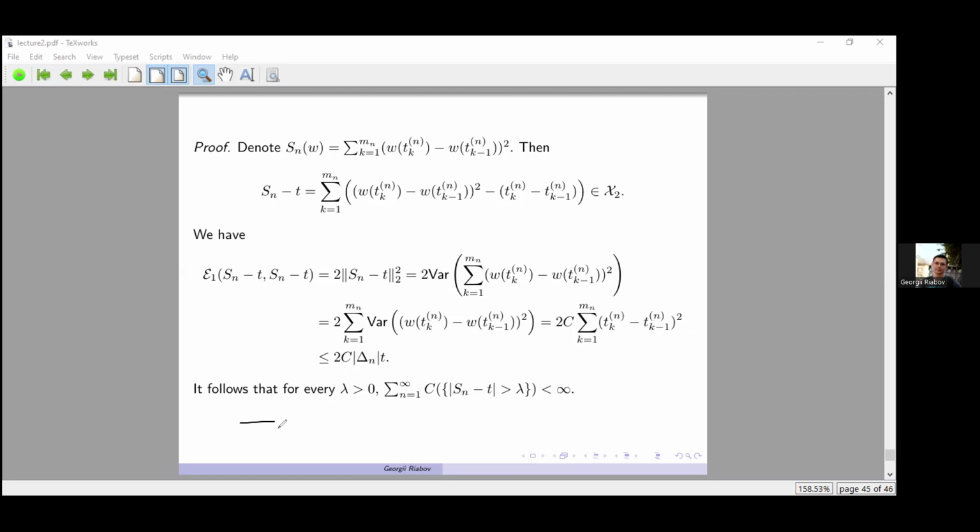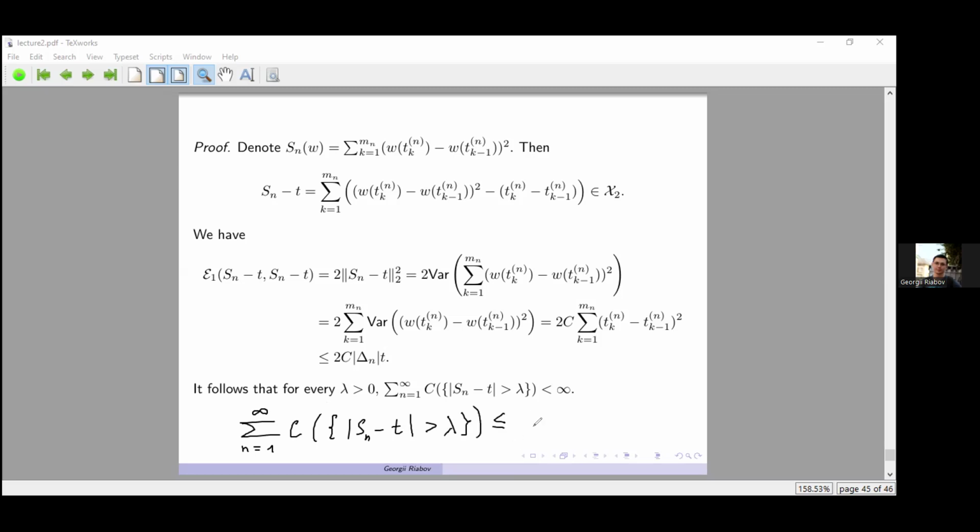So now let's consider the capacity of a set where S_n minus t is bigger than some fixed number lambda.